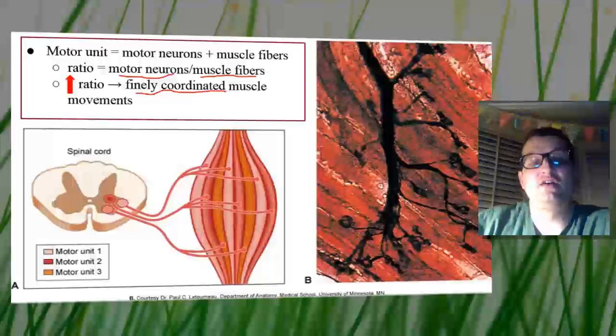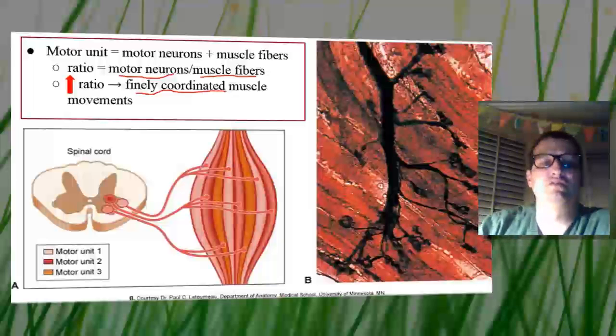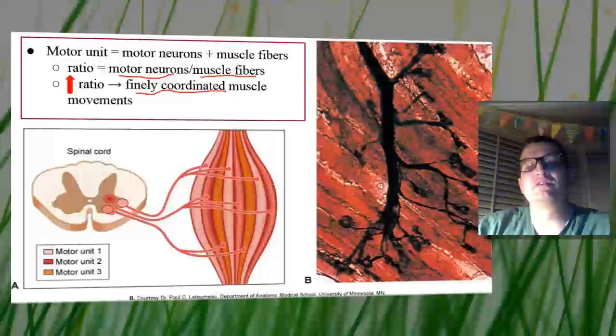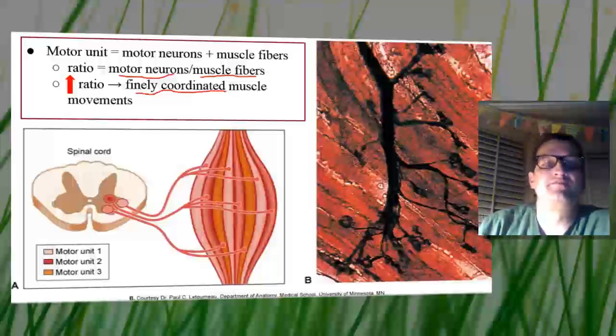And you can see how each part of the nervous system here innervates different types of motor units, and that's where we get fast and slow twitch muscles. And so we're born with a certain ratio of fast and slow twitch, and then we can also develop that through exercise and activity.